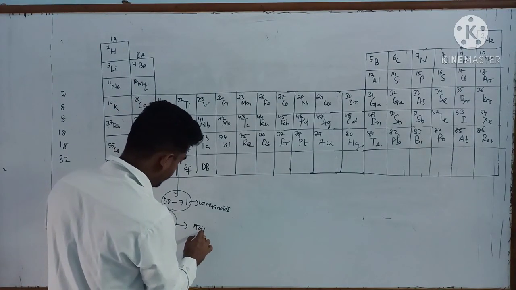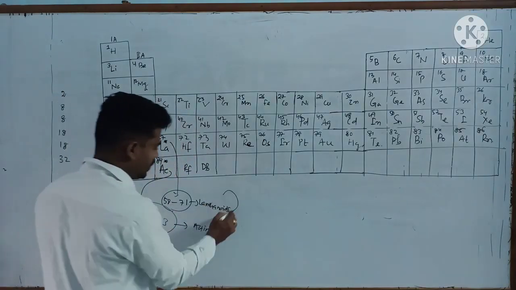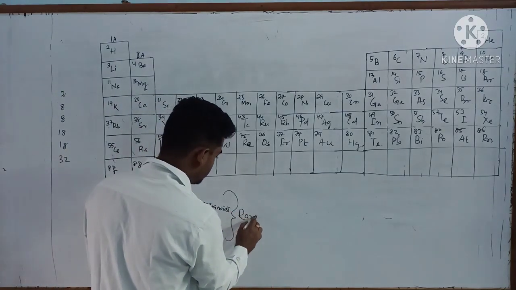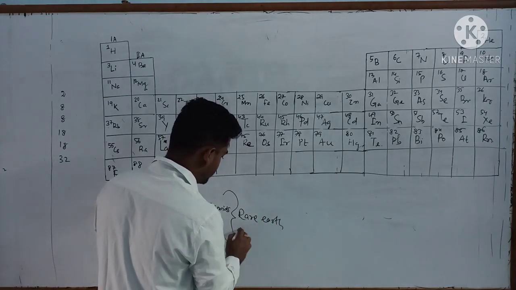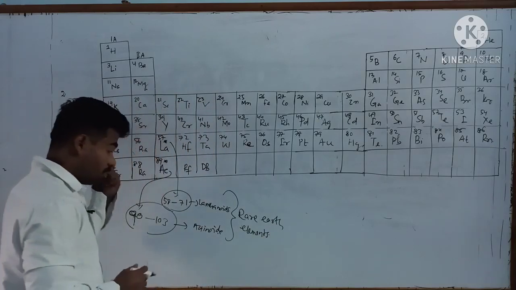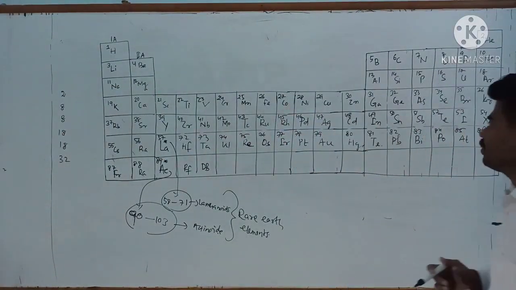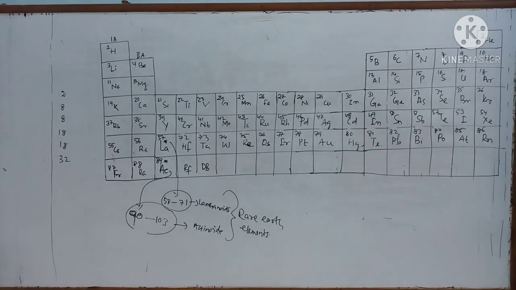These are your actinoids, rare earth elements present below the periodic table. That clear? So these are the representation of elements in the long form periodic table.